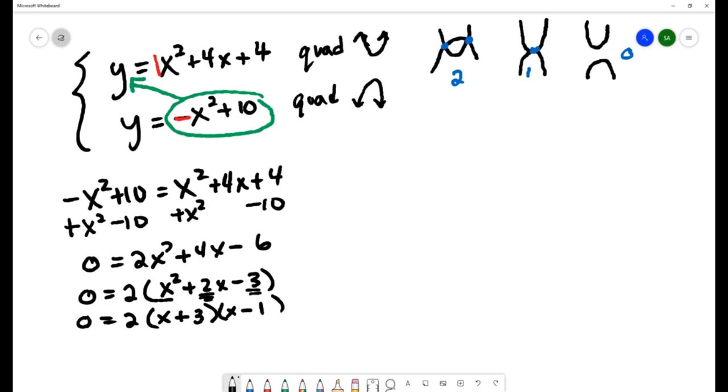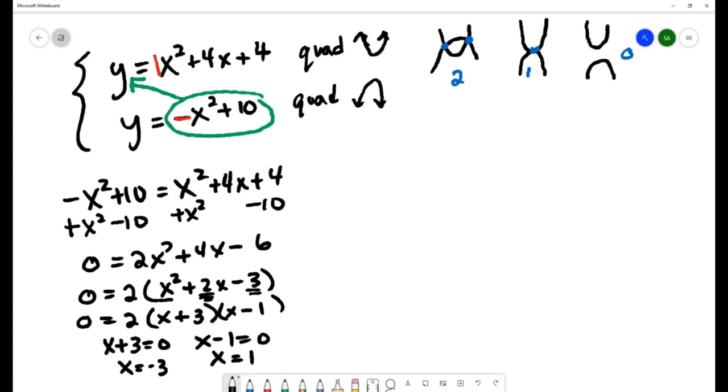So now I've got it factored completely, and I'll use the zero product property and set each factor equal to 0. So I have x plus 3 equals 0, x minus 1 equals 0. That gives x equals negative 3 and x equals positive 1.